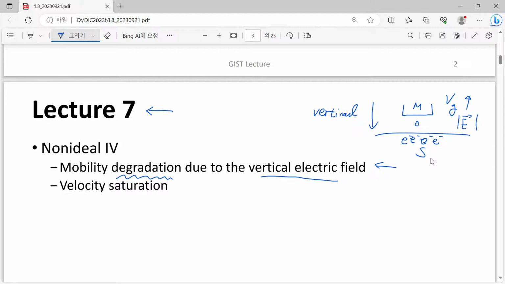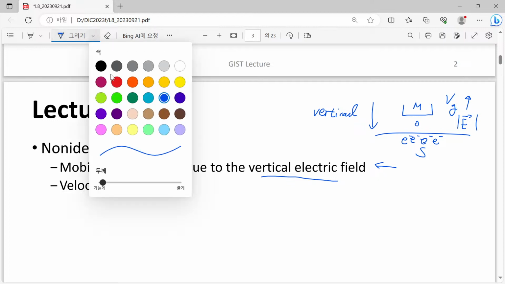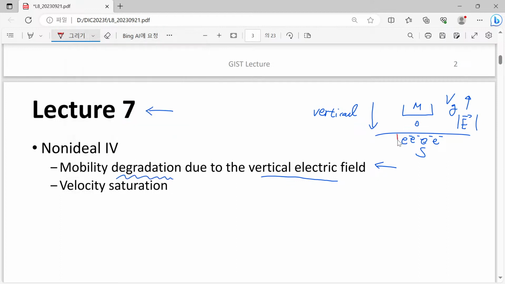So compared with a relatively low electric field, the average distance of our electrons from the surface is now reduced.